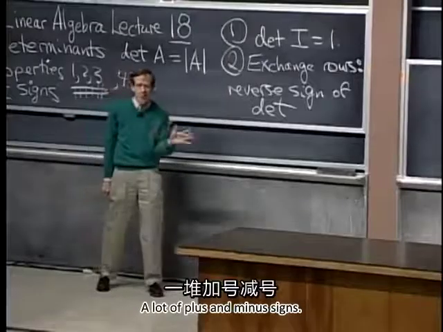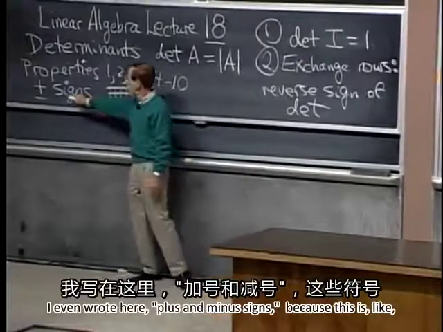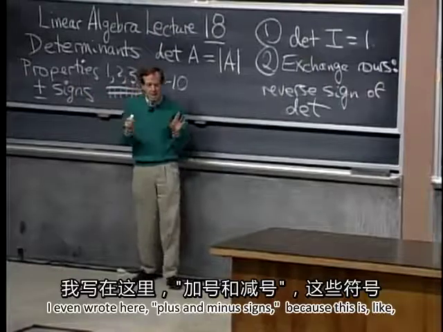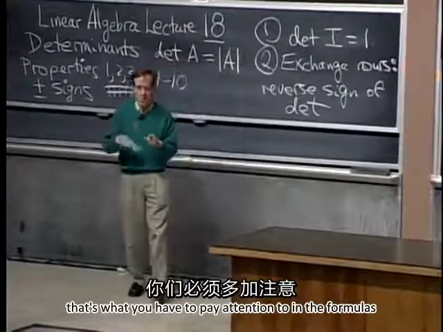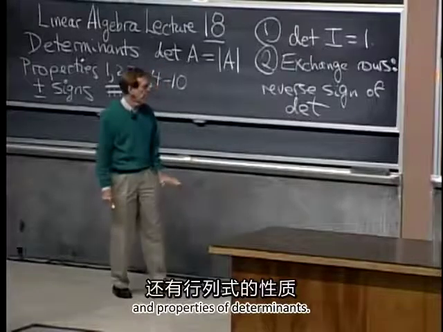A lot of plus and minus signs. I even wrote plus and minus signs here, because that's what you have to pay attention to in the formulas and properties of determinants.